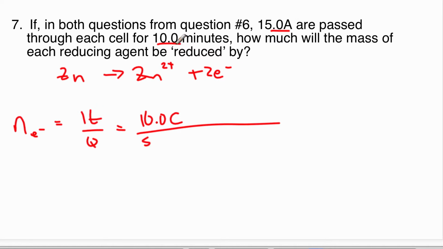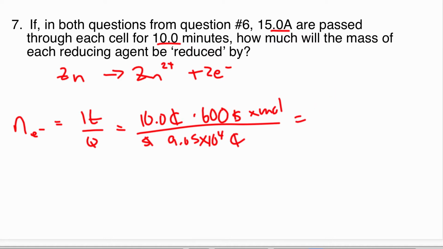Time is 10 minutes, and there's 60 seconds in a minute, so 10 times 60 would be 600. So times 600 seconds. And then Faraday's constant, 9.65 times 10 to the fourth coulombs per mole. So the coulombs cancel, the seconds cancel, I'm left with moles.